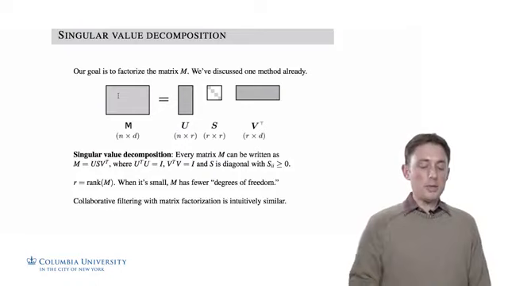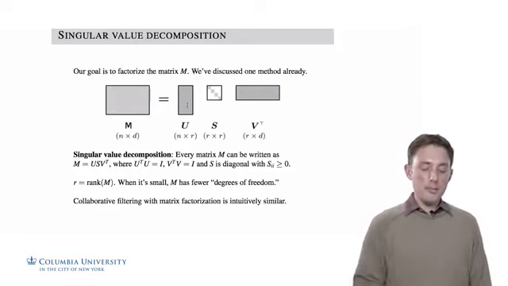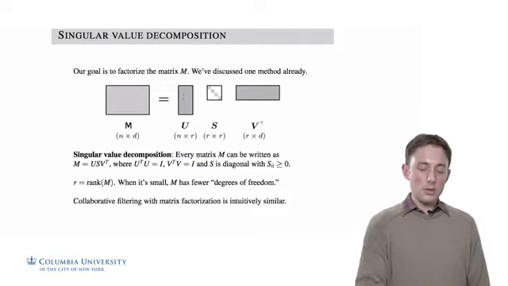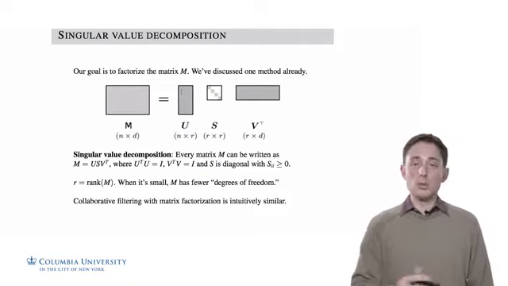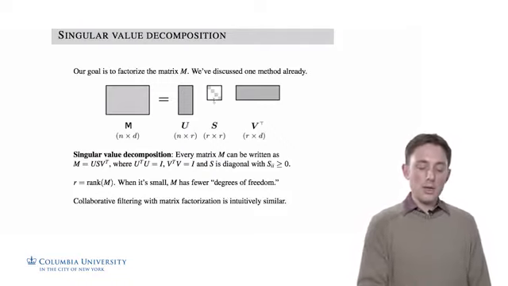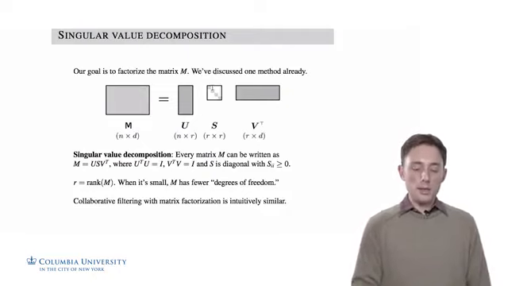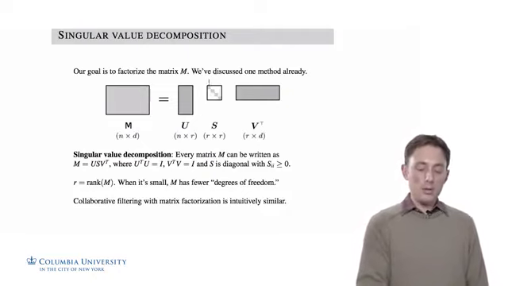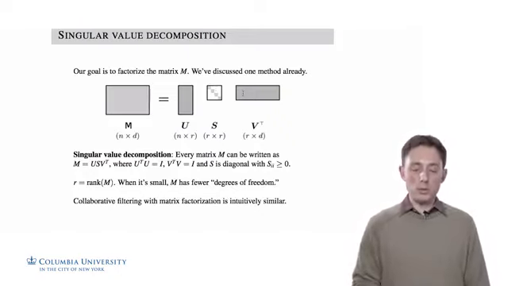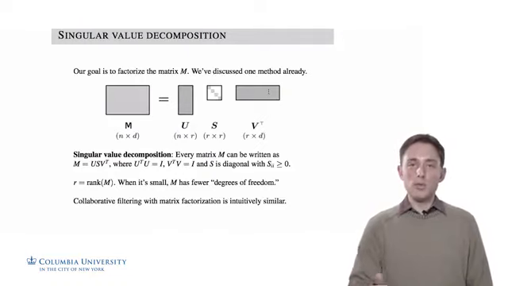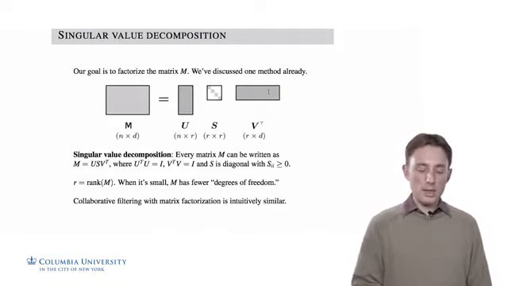And we could write this matrix M as a product of a matrix U that has orthonormal columns. So the dot product U transpose U is equal to the identity matrix, times a diagonal matrix S that has zeros on the off diagonal and non-negative values on the diagonal, times another orthonormal matrix V transposed, meaning that V transpose V was equal to the identity.